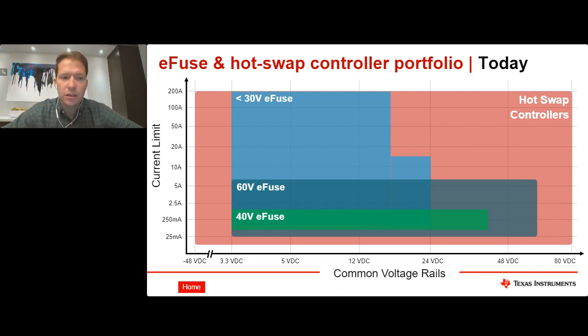In terms of less than 30 volt eFuses, we have a pretty wide variety of devices that can operate up to 200 amps when used in parallel. Out of the 60 volt family, we have versions that can hook up to 6 amps today. And something else we're working on is our 40 volt eFuse. Today we'll be talking about the TPS1641, which comes from our 40 volt eFuse family.